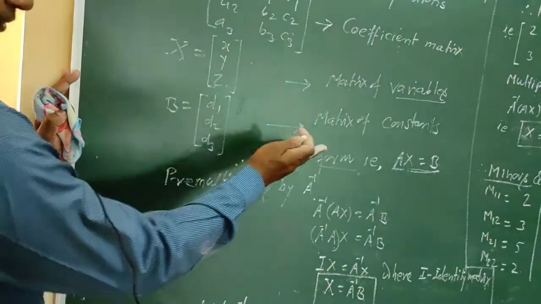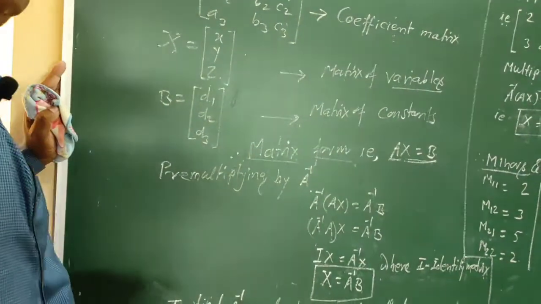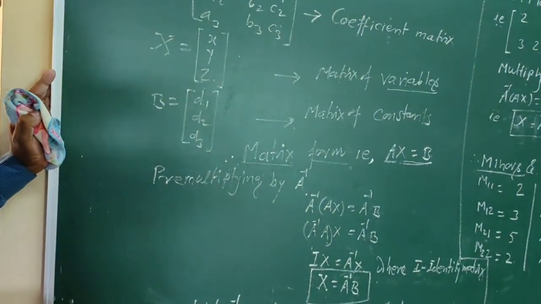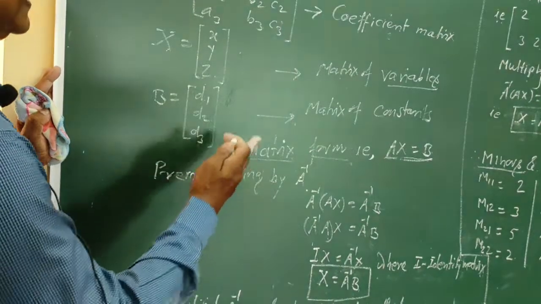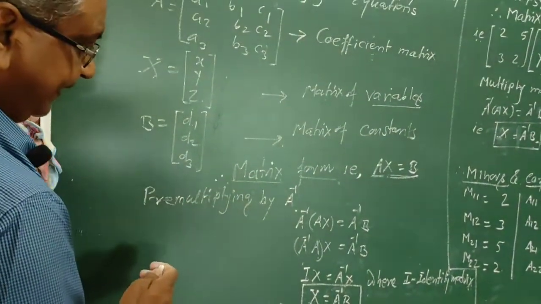Now in the last method, that is the adjoint method, we learned the technique to find A inverse.